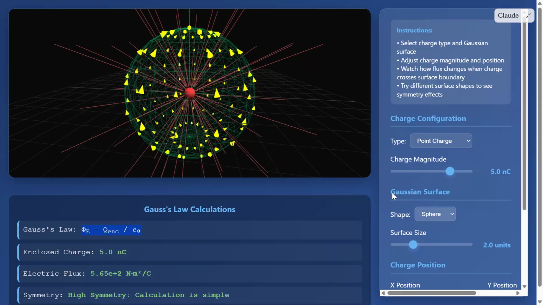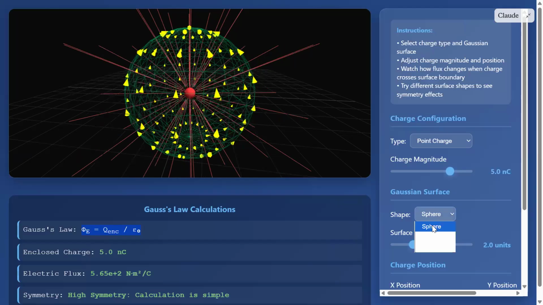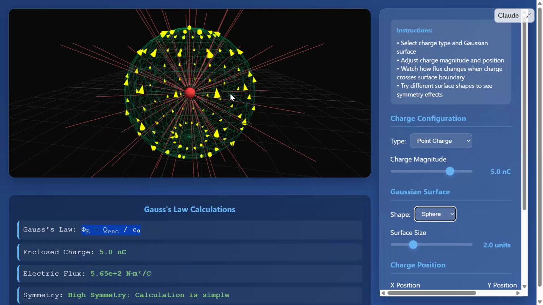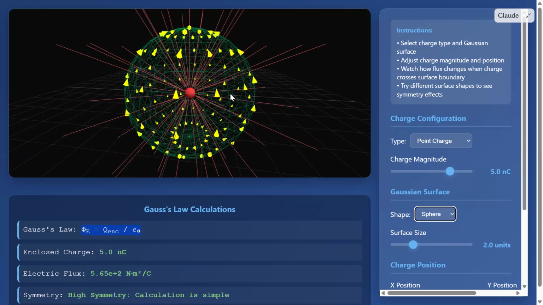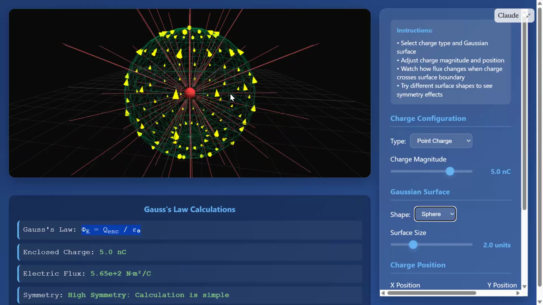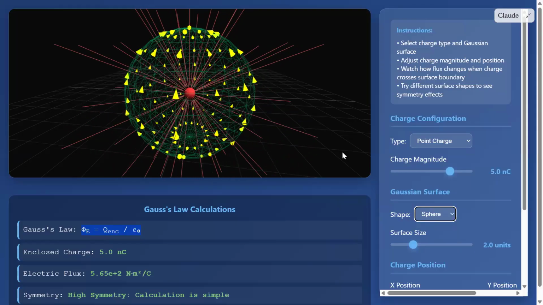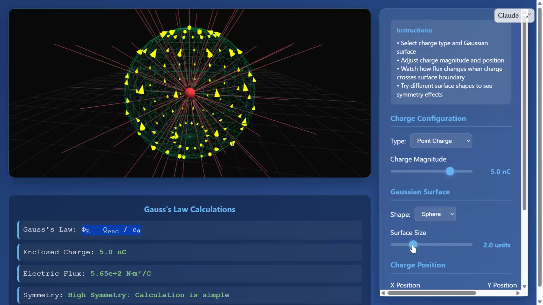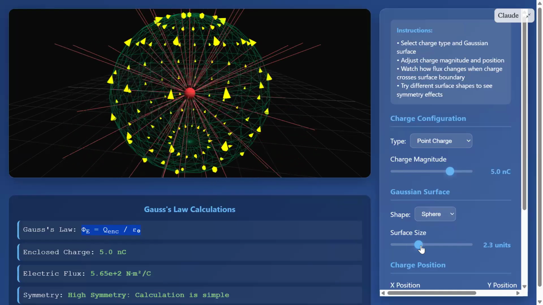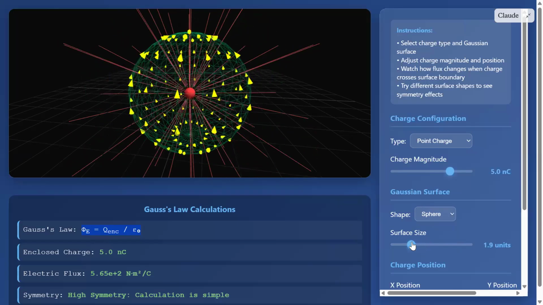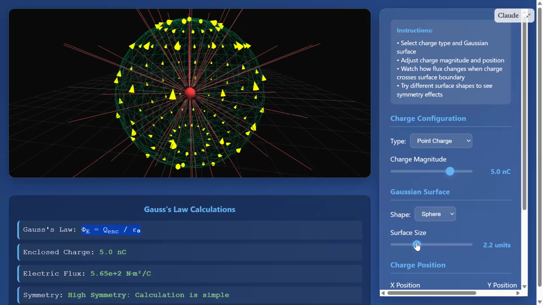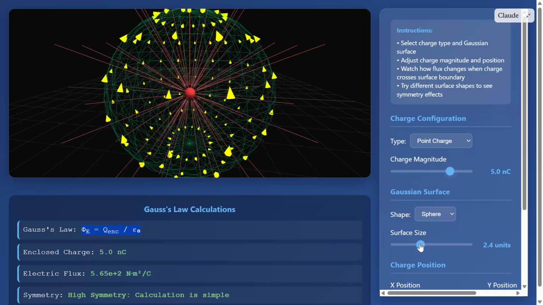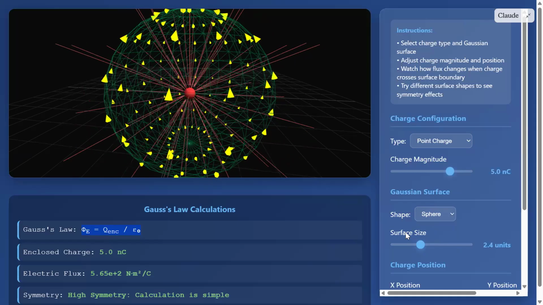We can choose the sphere Gaussian surface. Already I told you the sphere Gaussian surface is a well structured ideal Gaussian surface for the point charge. And we can choose surface size 2 units. You can change the units and see the Gaussian surface enlarged or diminished.